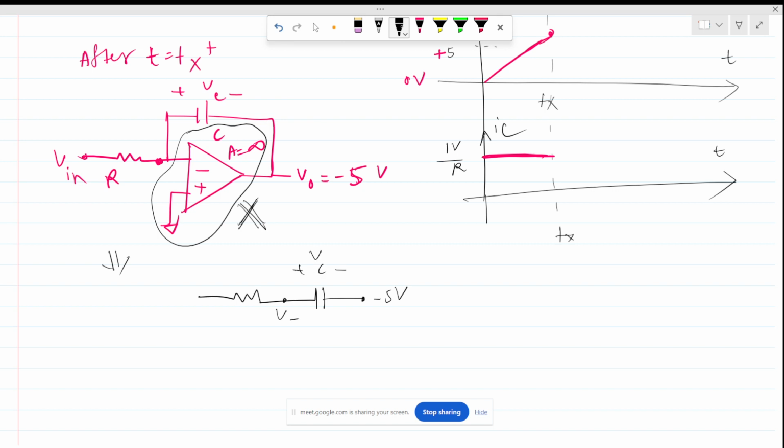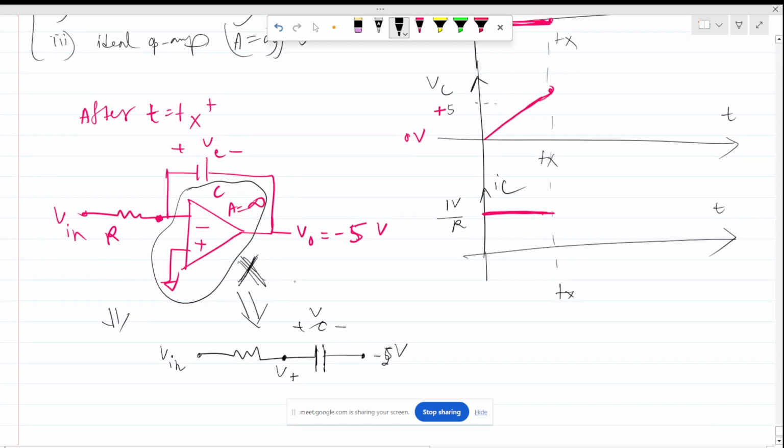Get it or not? So the op amp is not working, so the picture will look like this, right? If I cut this block, it will look like the following, right?